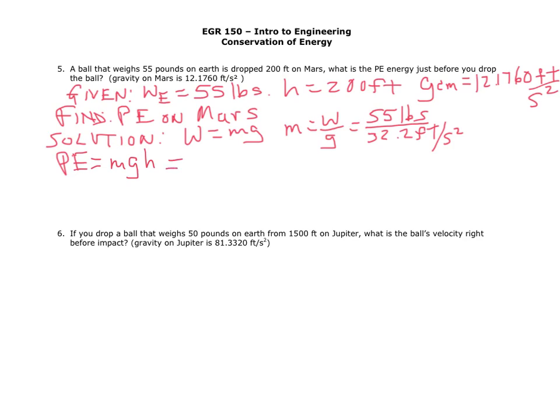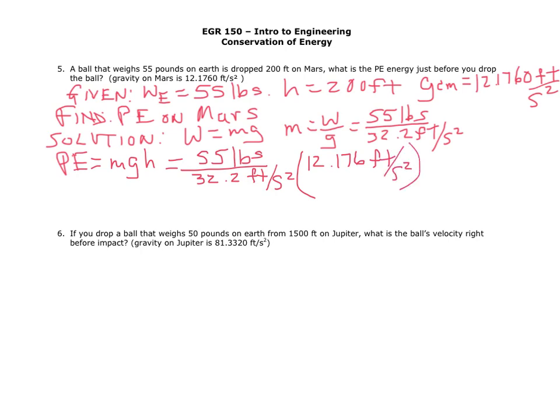So we're going to use our mass, the 55 pounds divided by 32.2 feet per second squared, times our gravity, which is, now we're going to use the gravity on Mars, because that's where we're interested in the potential energy, 12.176 feet per second squared.